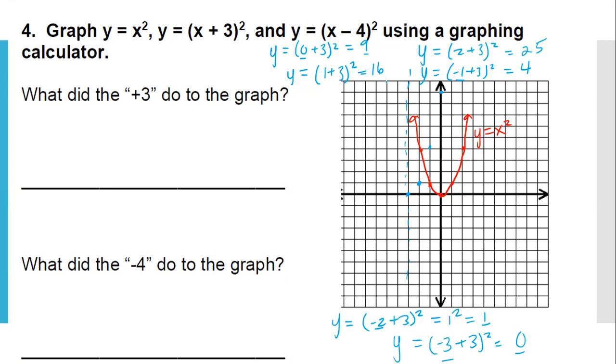My axis of symmetry is now at x equals -3. Didn't mean to say y. And so I can reflect these points: 1, 2, 3, 1, 2, 3, 1, 2, 1, 2, and 1.